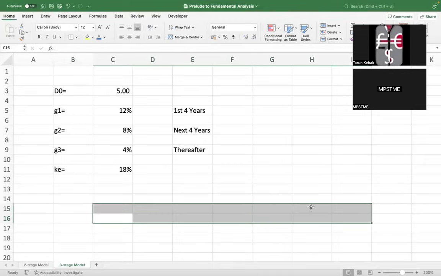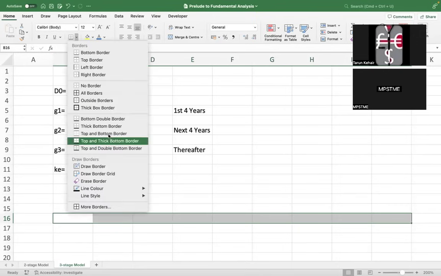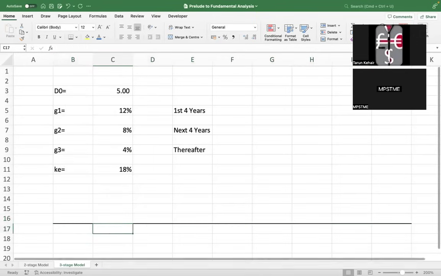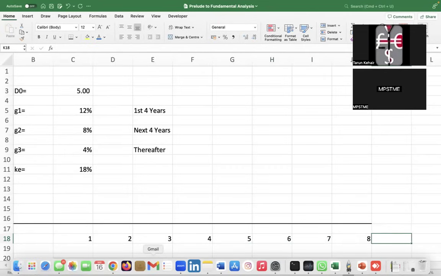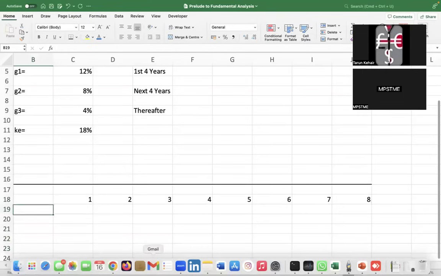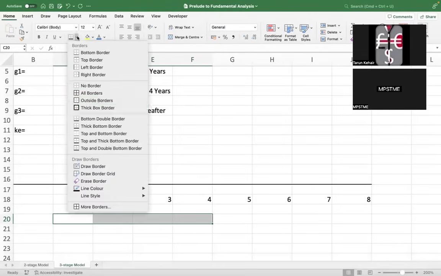So again, we should always start by drawing a timeline and break up the problem into different parts. In this case, there will be 3 parts. So year 1, 2, 3, 4, 5, 6, 7, 8, and thereafter. For the first 4 years, you have the growth rate.